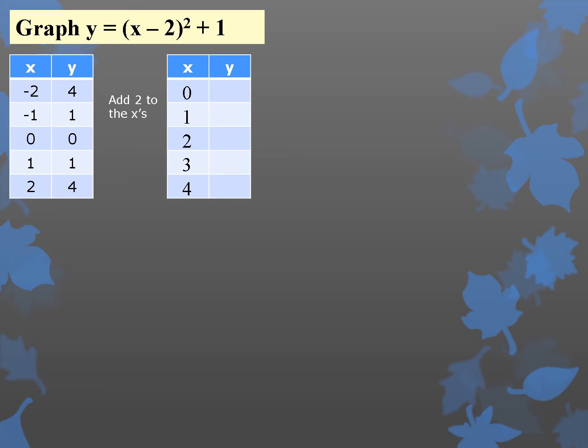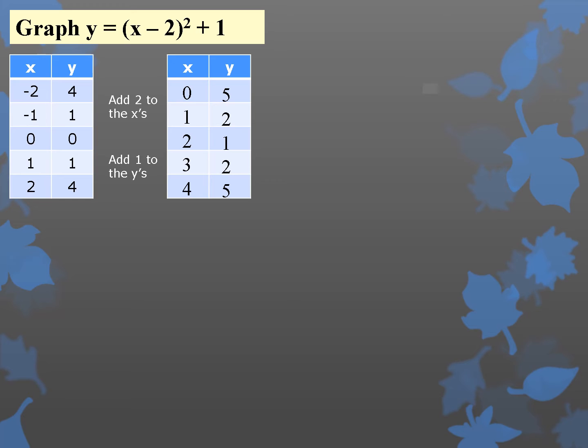So k's affect the y's. So I'm going to add 1 to every y value. So I get 5, 2, 1, 2, 5, because 4 plus 1 is 5, 1 plus 1 is 2, 0 plus 1 is 1, 1 plus 1 is 2, 4 plus 1 is 5.